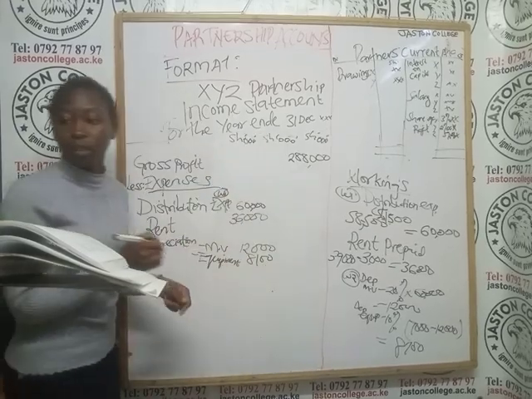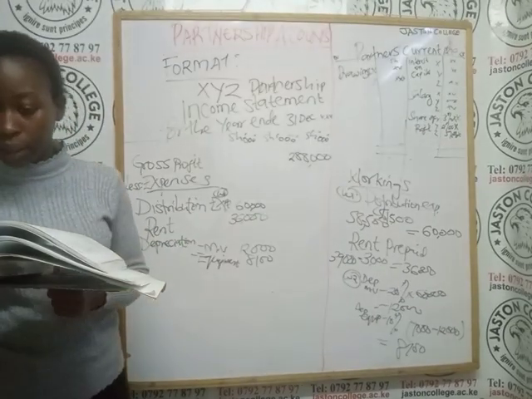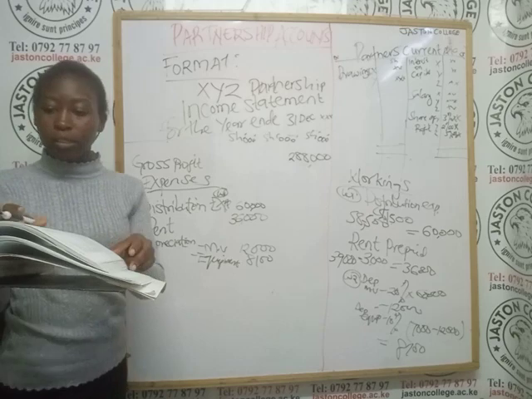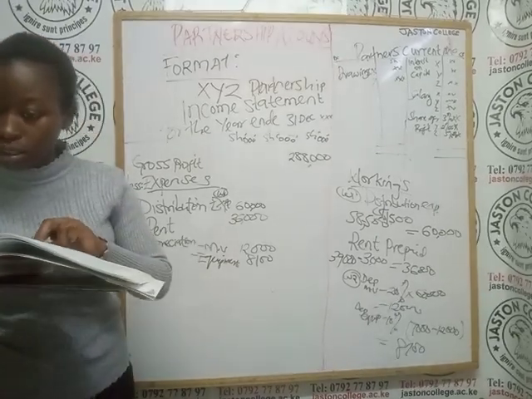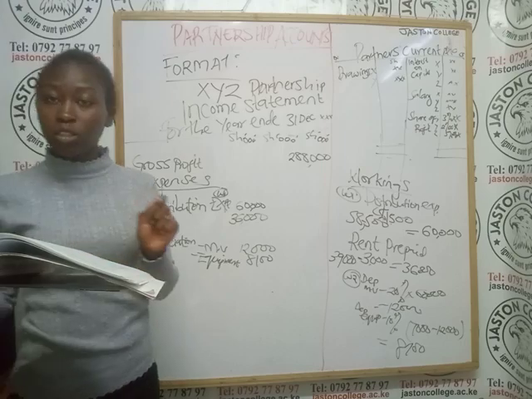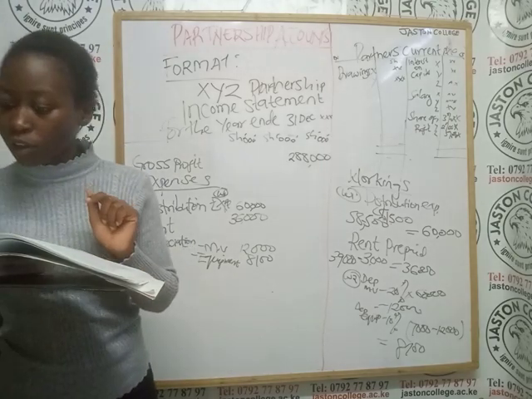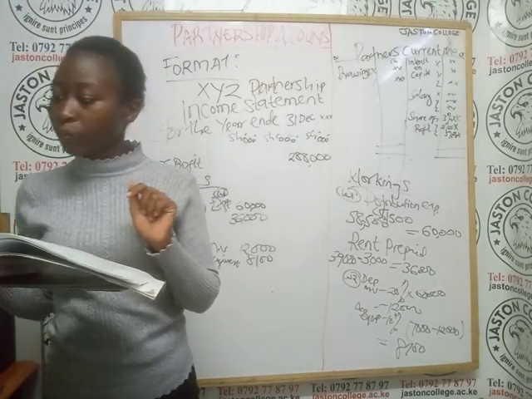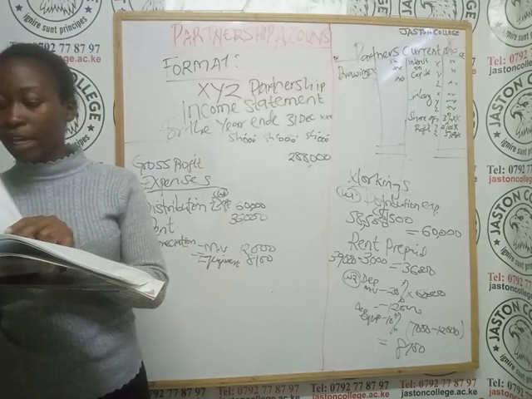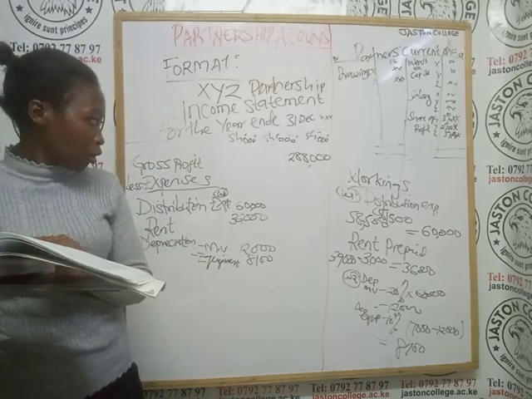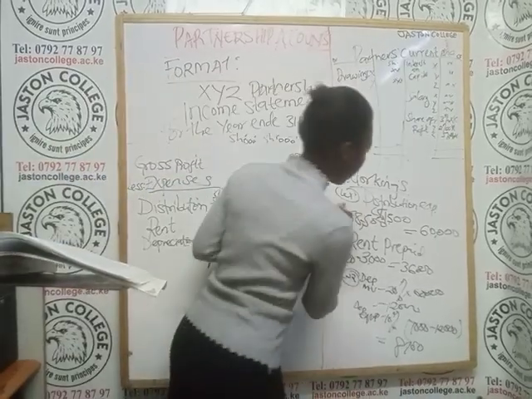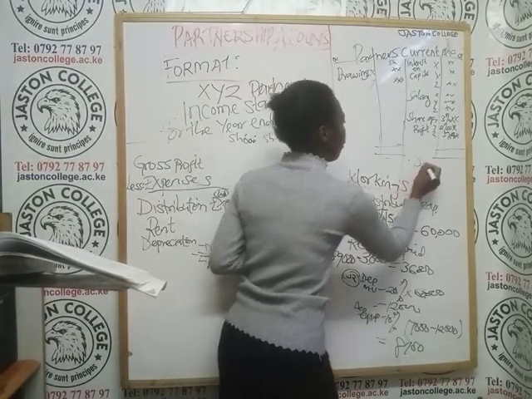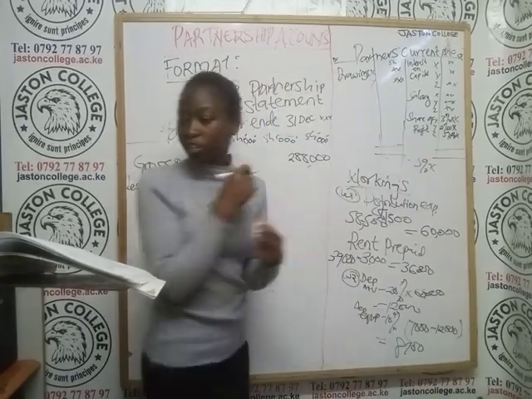Then we will come here and take our allowance for doubtful debts, which is in note 3. Allowance for doubtful debts is to be increased to 5% of the accounts receivable. So our allowance will be 5% of the receivables.